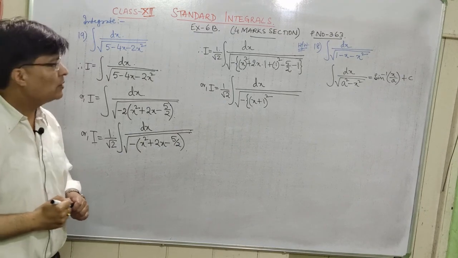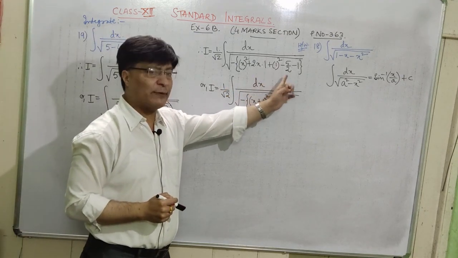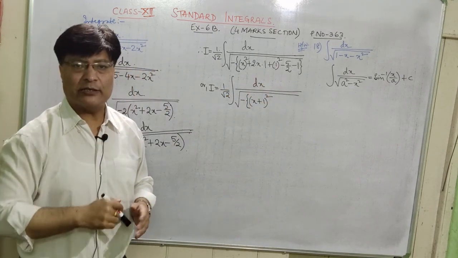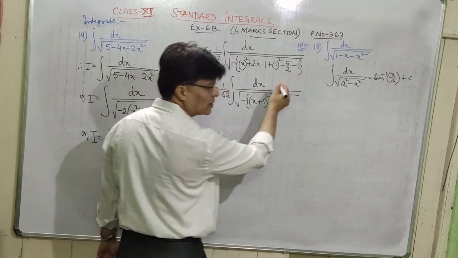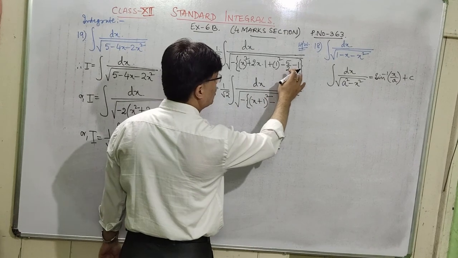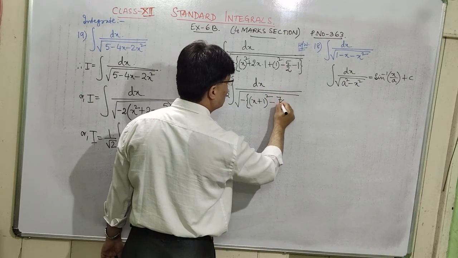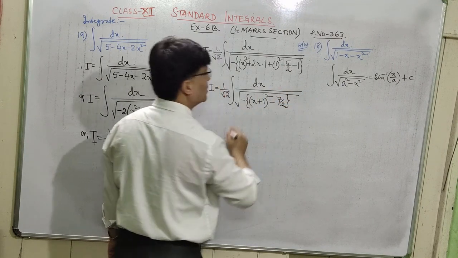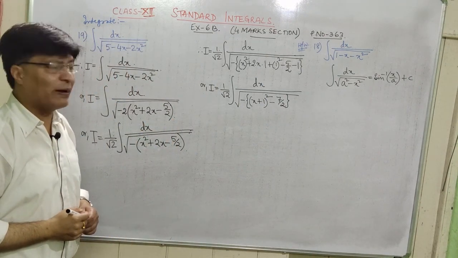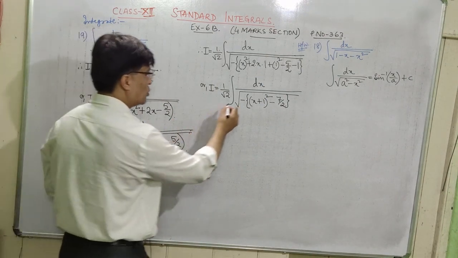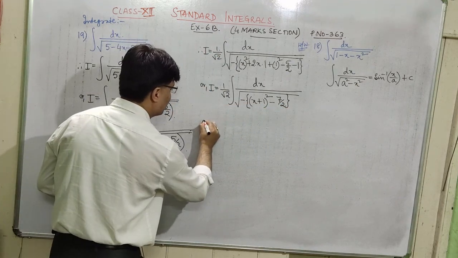Is that clear? Next, what is minus 5 by 2 minus 1? Same sign, you have to add them. So 2 ones are 2 plus 5, it will be minus 7 by 2. Same sign, you have to add them. So let us multiply it by minus sign here.